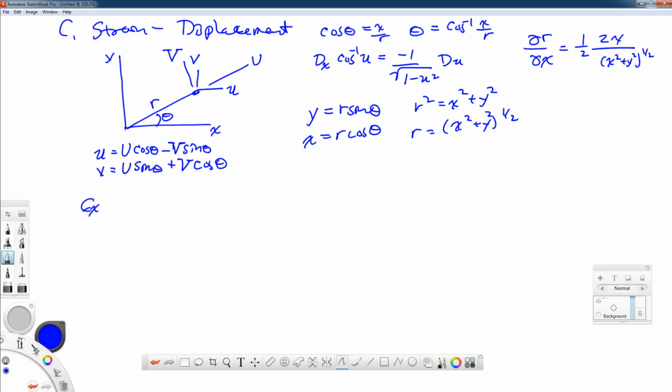Now epsilon x is the partial derivative of little u with respect to x. And by our rules of calculus, the partial of u with respect to theta, partial of theta with respect to x, plus the partial of u with respect to r, partial of r with respect to x.